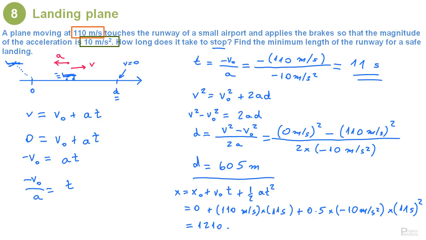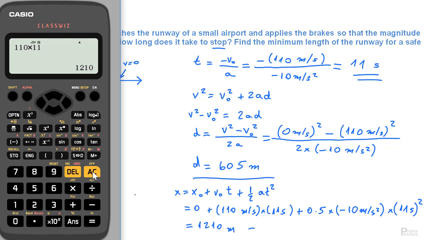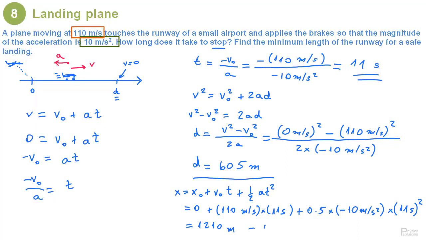And this will be in meters because meters per second times seconds is, of course, meters. For the second term, we have 0.5 times 10 times 11 to the power of 2. That is 605, again in meters. Notice that I put this minus here.